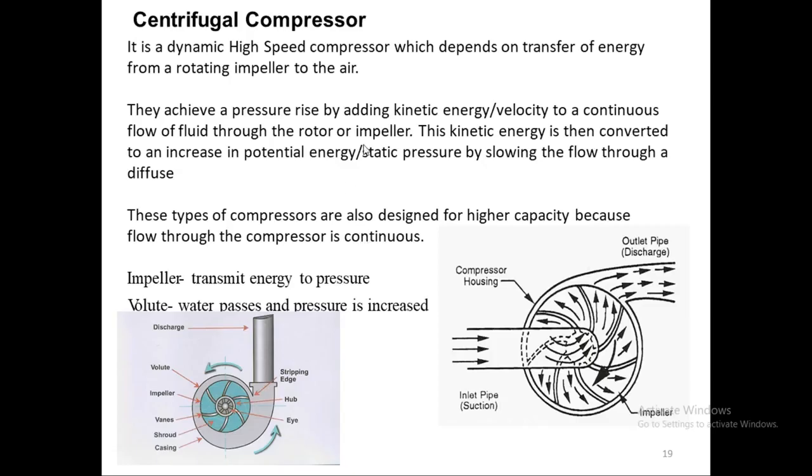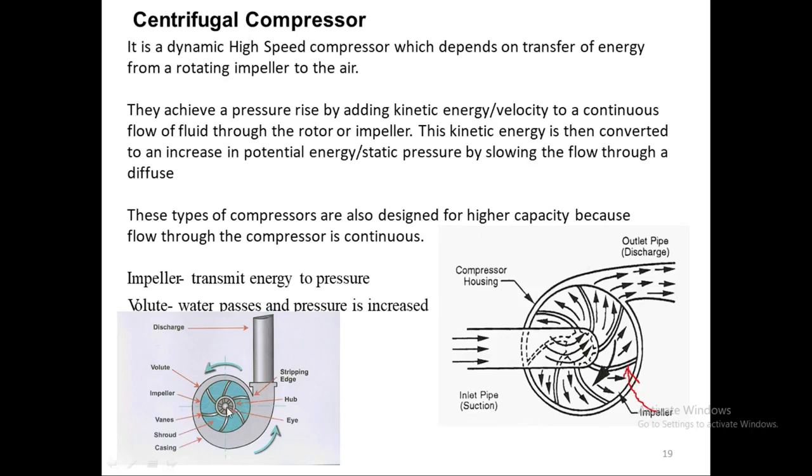So this is the process of how it works in a centrifugal compressor. It is a dynamic high-speed compressor which depends on transfer of energy from the rotating impeller to the air. The rotating impeller is this blade here. This is the impeller, which is rotating and continuously imparting kinetic energy to the air.